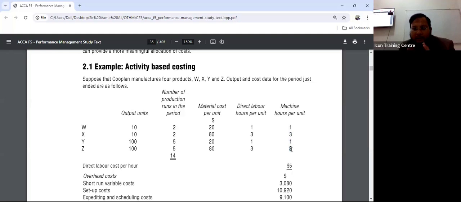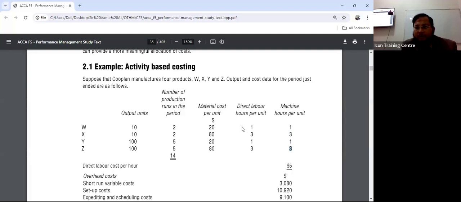Now you can clearly see, from the production runs point of view, X and W are both consuming less as compared to Y and Z. Is this clear? So if we consider the production runs, Y and Z are consuming more.